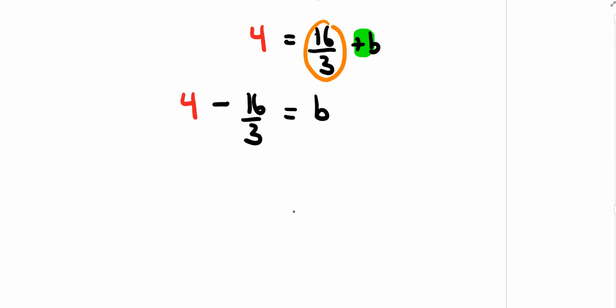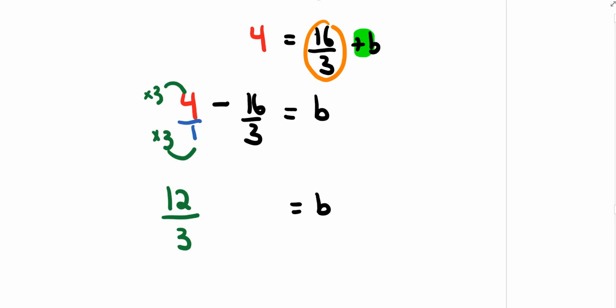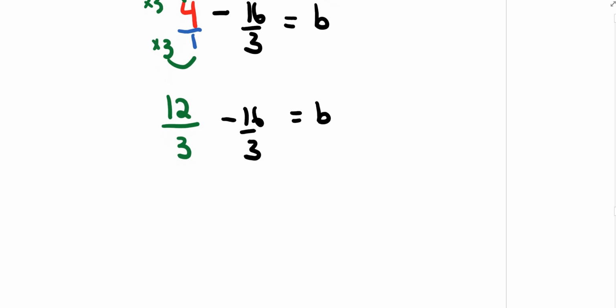And now we have to do a grade 8 level fraction problem here. We can definitely put this over 1, and we can multiply the top and bottom here by 3. So 3 times 4 is going to be 12, and 3 times 1 is going to be 3. So 12/3 minus 16/3. And now the denominators are the same.